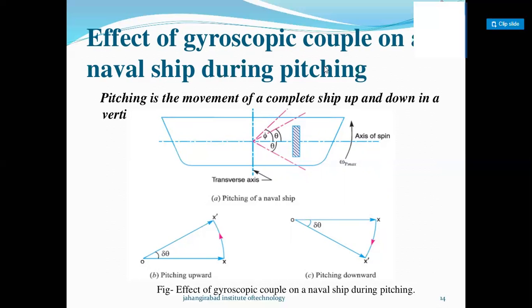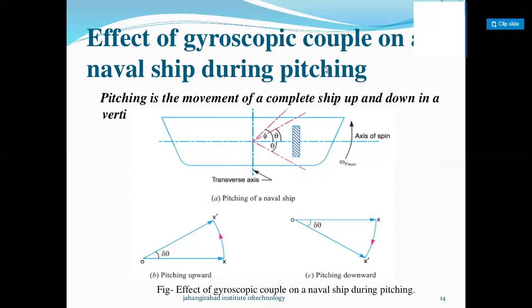Consider a rotor mounted along the longitudinal axis and rotating in the clockwise direction. When seen from the rear end of the ship, the direction of the angular momentum for this condition is shown by the vector OX, right? When the ship moves up from the horizontal position in the vertical plane by angle delta theta from the axis of spin, the rotor axis precesses about the z axis in the xy plane.